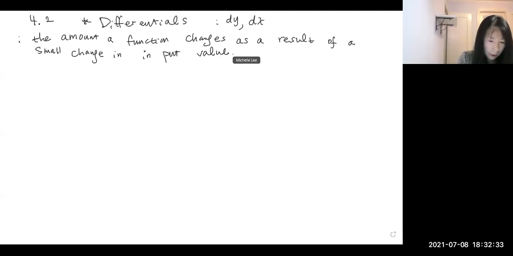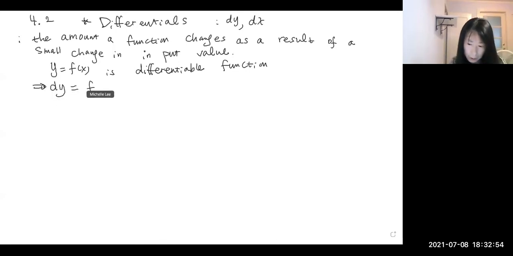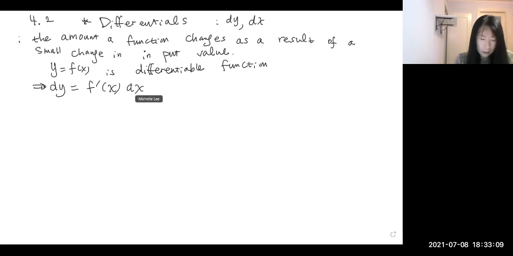So if we have y equal to f of x, a differentiable function, they denote dy equal to f prime of x dx.